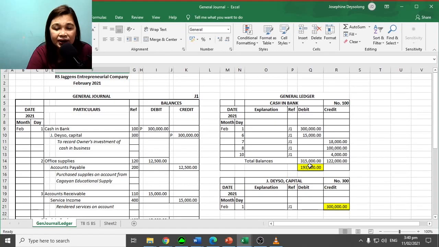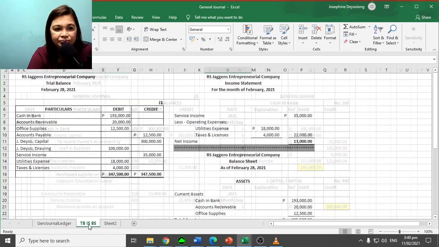All right? Now, this is very important because when we start to make our trial balances, then all the final balances of each account title should be the one that is to be posted on the trial balance. Now, let's go to the trial balance.